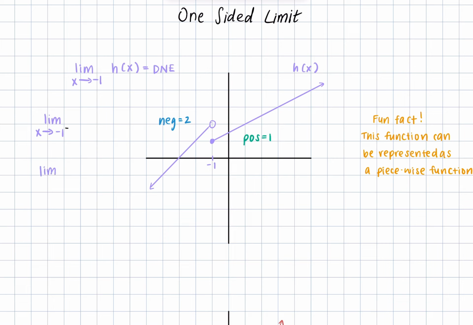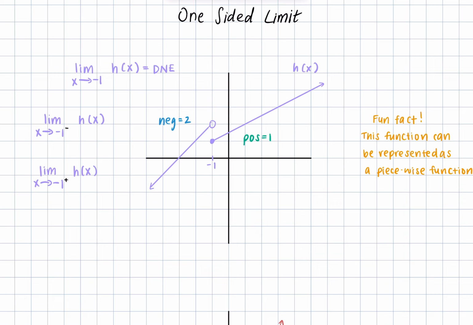And we're going to do both. So x approaches -1, and I'm going to write a plus sign to indicate I'm coming from the positive side. And that's all I do to indicate which way I'm coming from. And it's very obvious. So if it's negative, you're coming from the negative side. Positive, you're coming from the positive side.